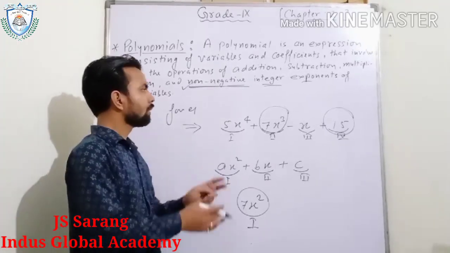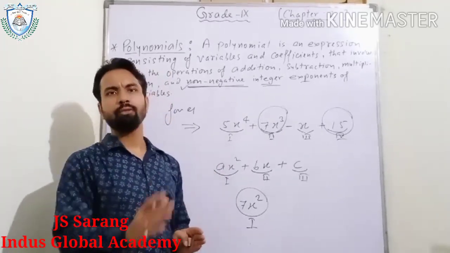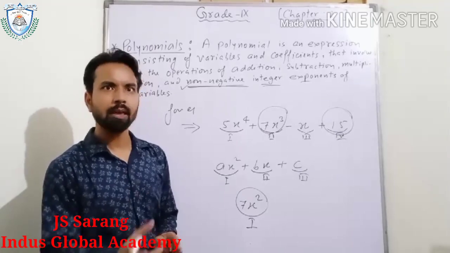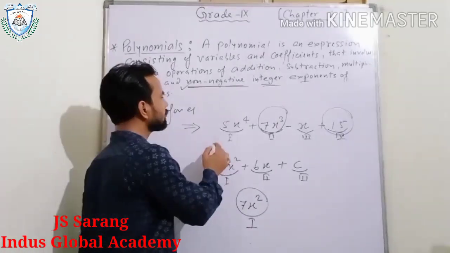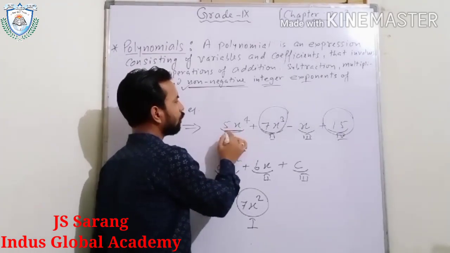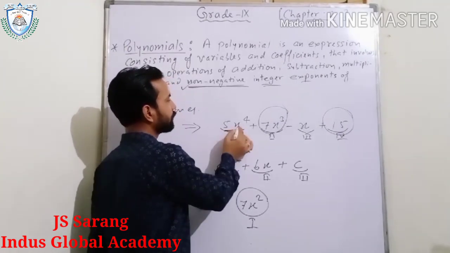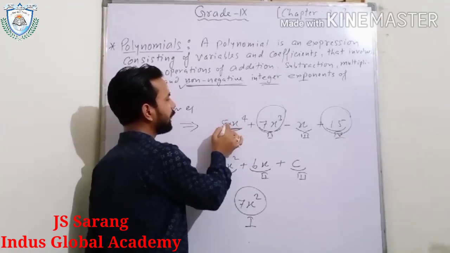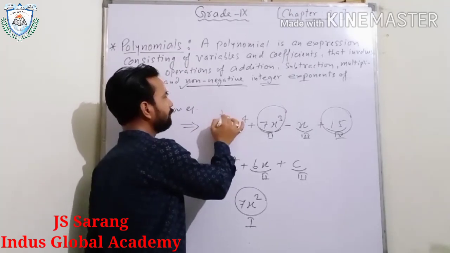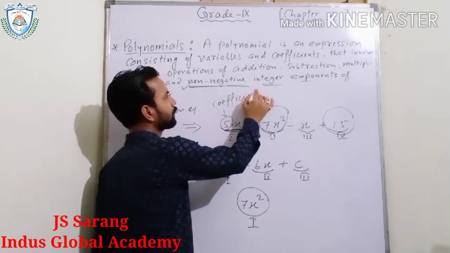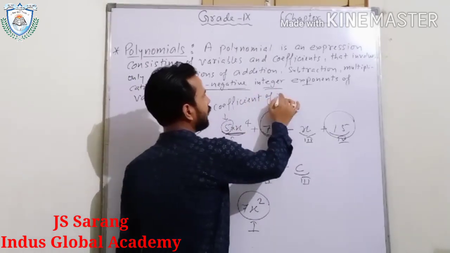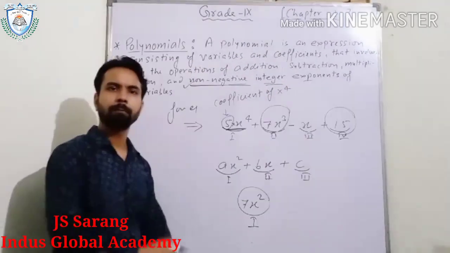So beta, whatever is in multiplication of x to the power 4 will be the coefficient of x to the power 4. Clear? So what is in the multiplication of x to the power 4? x to the power 4 is multiplied by 5. So 5 is known as coefficient of x to the power 4.